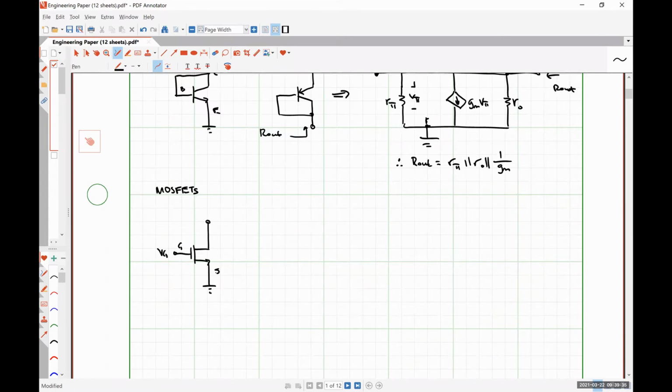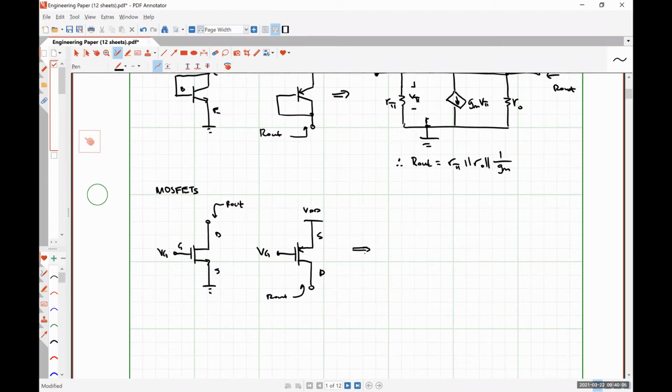We tie the source to ground, leave the drain open. This is where we measure our output resistance. For PMOS, again, we apply a fixed gate voltage, VG. Here we have VDD, which is what our source is tied to. Our drain is open, and we measure our output resistance from here.